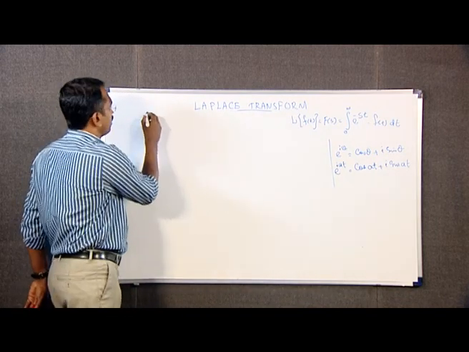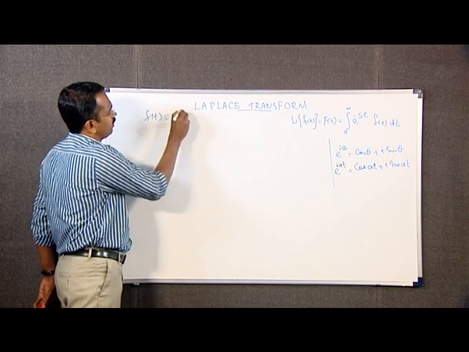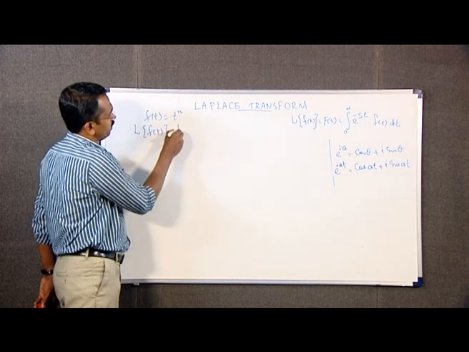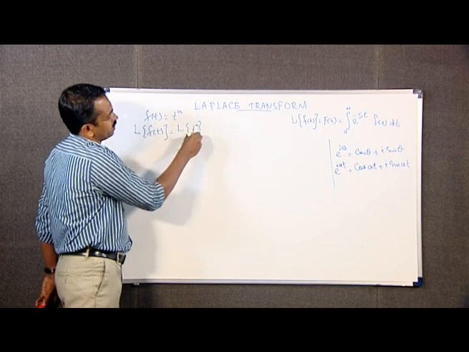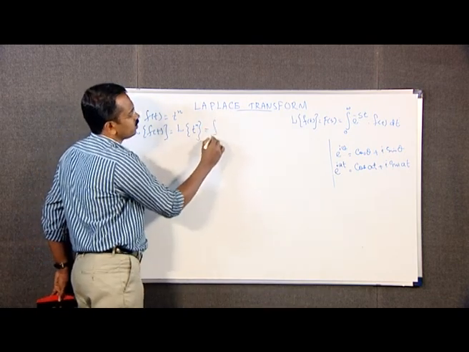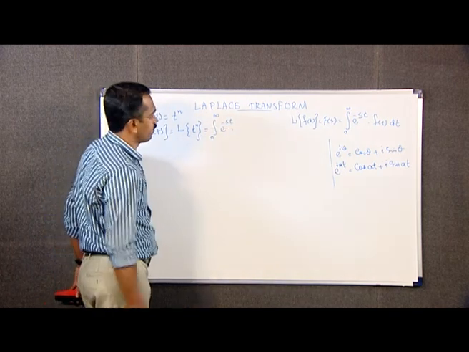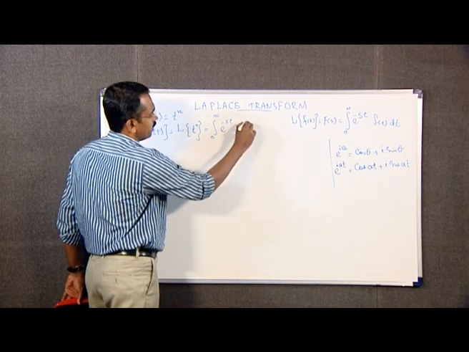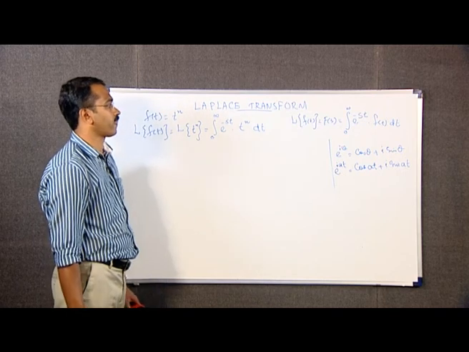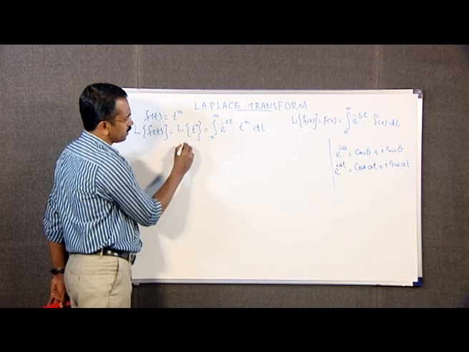By definition, L of f of t, here f of t is t raised to n, Laplace transform of t raised to n is equal to integral 0 to infinity e raised to minus st into here f of t is t raised to n dt, which is equal to integral from 0 to infinity.